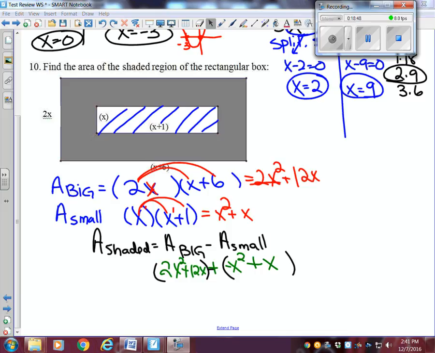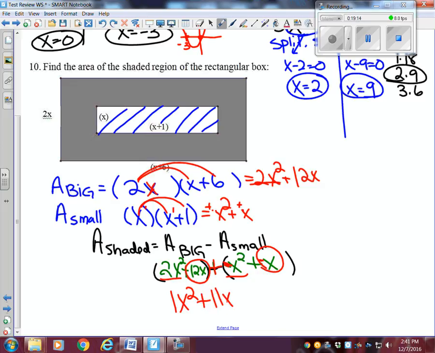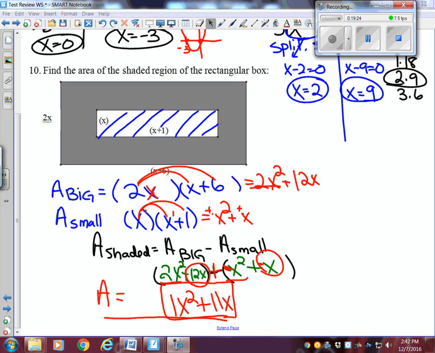I originally had subtract right here, and I'm going to change the subtract to a plus, but what used to be positive is now going to be negative, because up here it was positive, positive. So now it's 2x squared minus x squared, which is 1x squared. 12x minus x is going to be positive 11x. The area of the shaded box is 1x squared plus 11x. All right, let's move on.